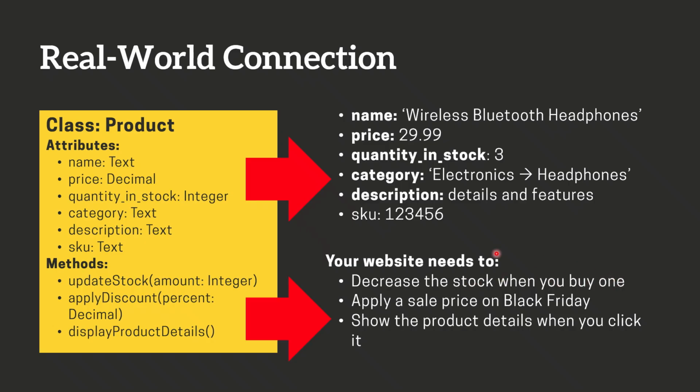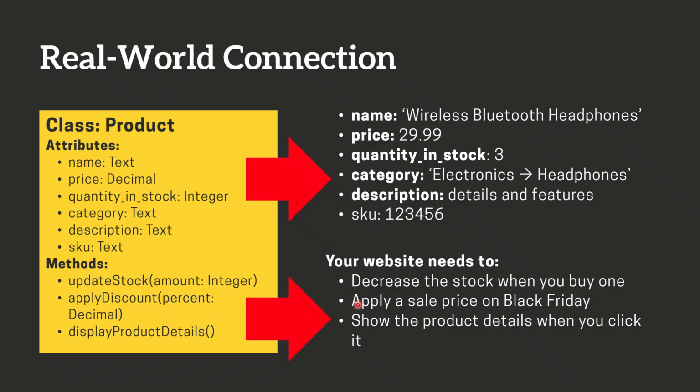That's using the update stock method. The website needs to apply a sale price on Black Friday, so that's going to use the apply discount method. And then your website needs to show the product details when you click it, and that's going to be using the display product details method.